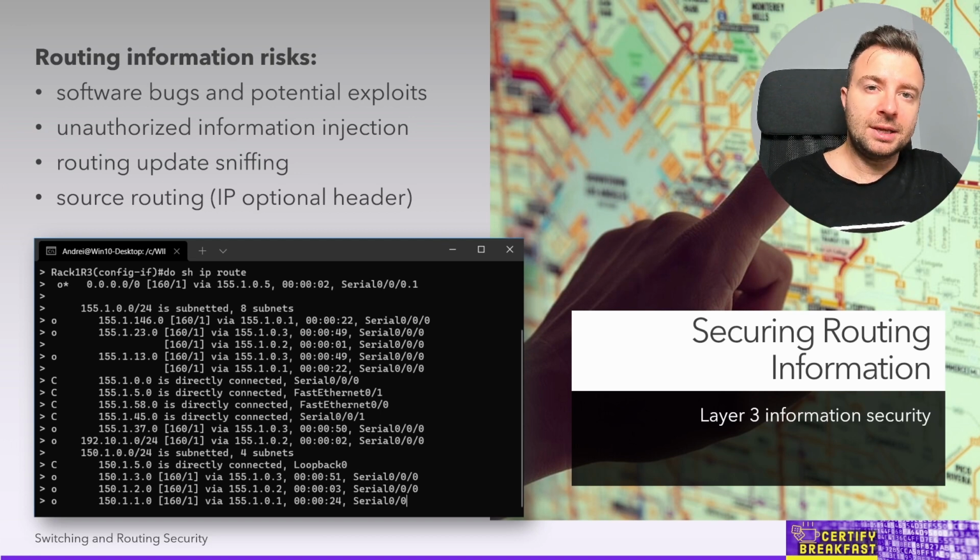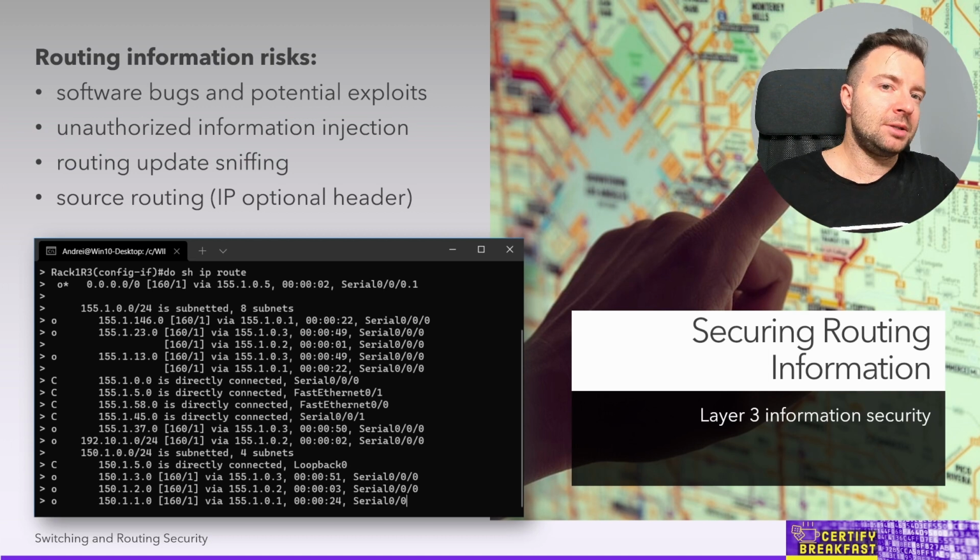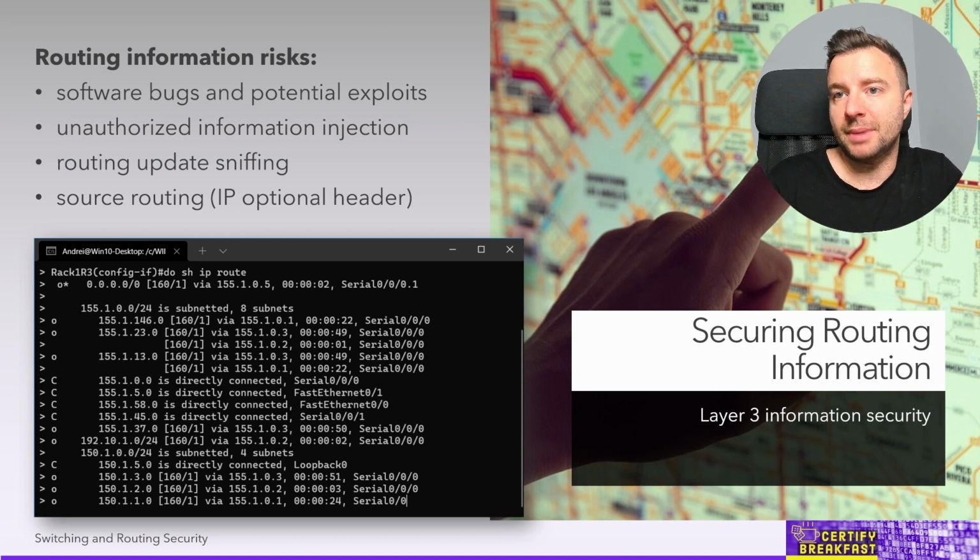Routing update sniffing means intercepting routing updates because, as we mentioned before, these protocols basically transfer routing information from one router to another. In many cases, this information is sent in clear text, so a successful man-in-the-middle attack can easily intercept this information being sent between two routers. You might think, well, how is that sensitive information?